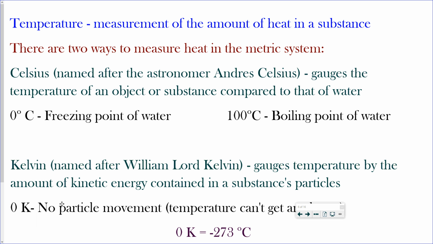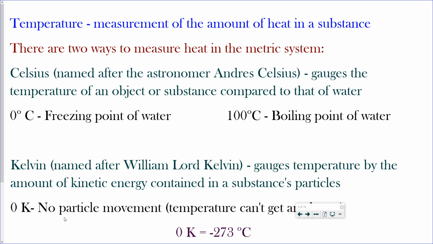So you may have talked about how we take temperature in the metric system before. However, if you have not, these are the two SI units for temperature. First is the Celsius, named after the astronomer Anders Celsius. Basically the Celsius is based upon the boiling point and freezing point of water.